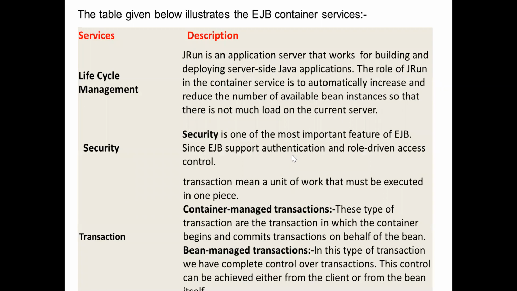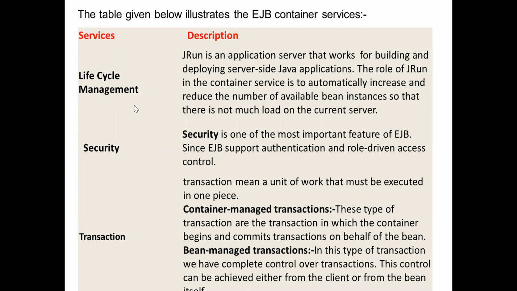And we have a table to illustrate the EJB container services, with the service and its description. There are three types of service available in the EJB container. One is life cycle management, the second is security, and the third is transaction.